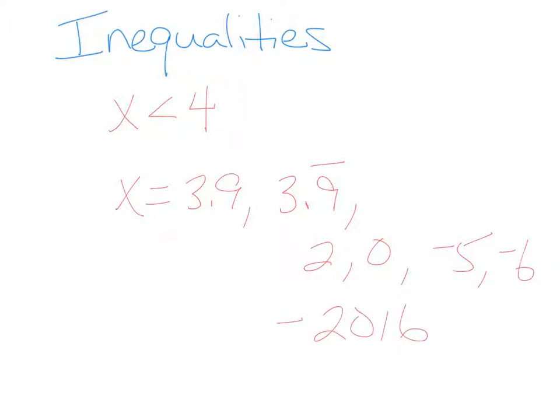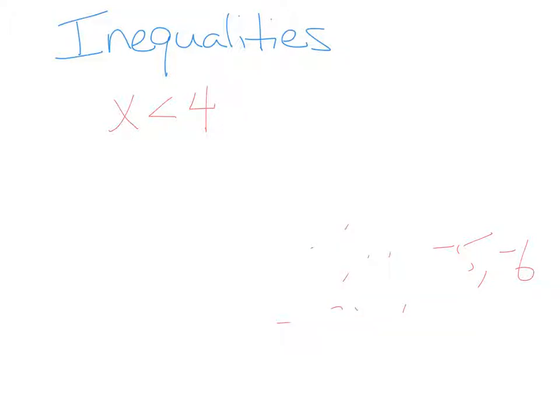And we could be here all day listing those numbers. So what we do instead, because that would take too long and that's just not worth our time, is use a number line to represent x is less than 4.